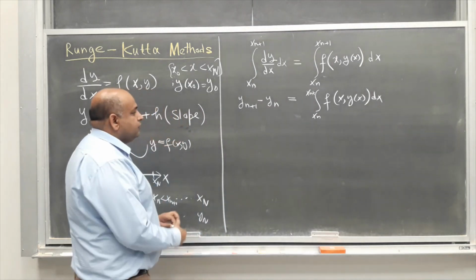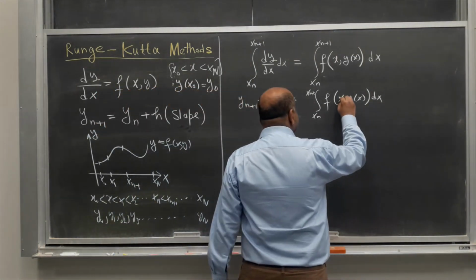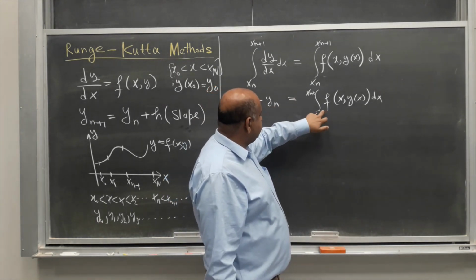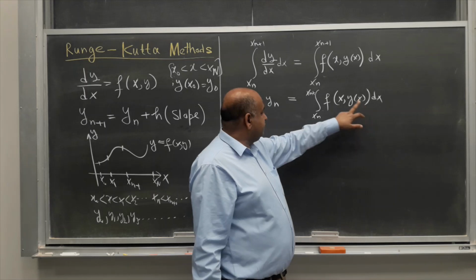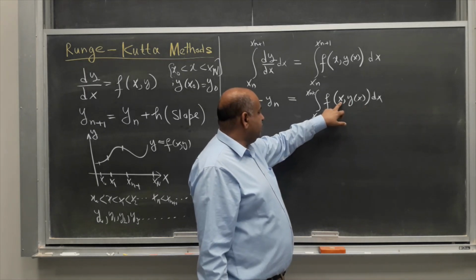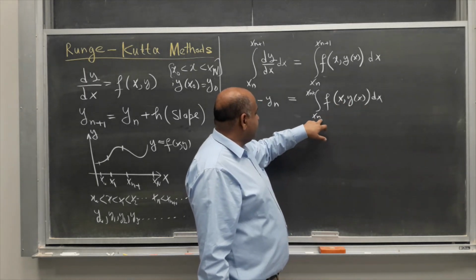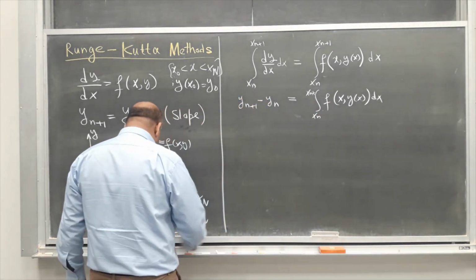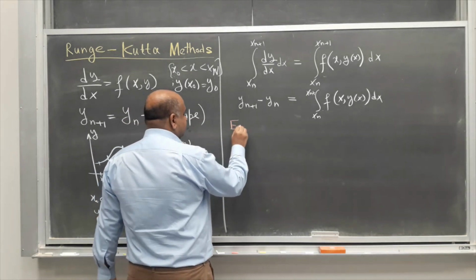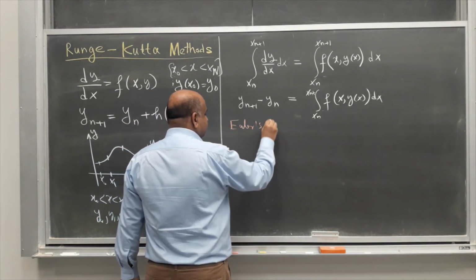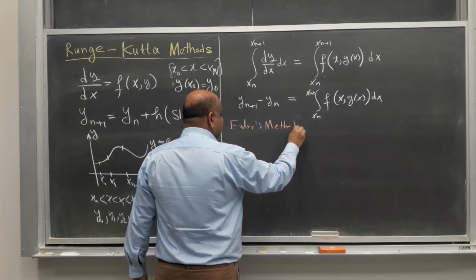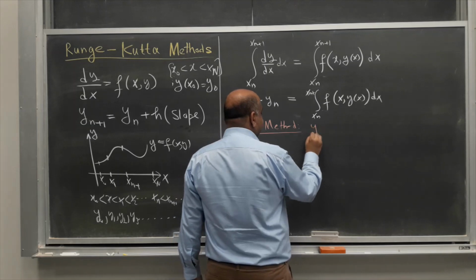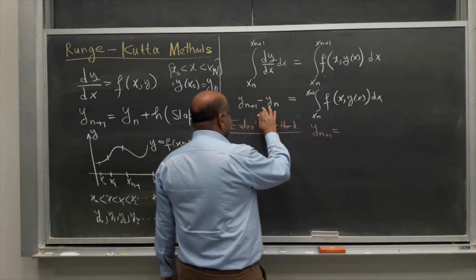So if I use, let's say, only the first term in a Taylor series of this function that I write at x naught or some point xn, then we can quickly get Euler method. So let's do it. Euler method. We quickly get it if I take this yn to the other side.